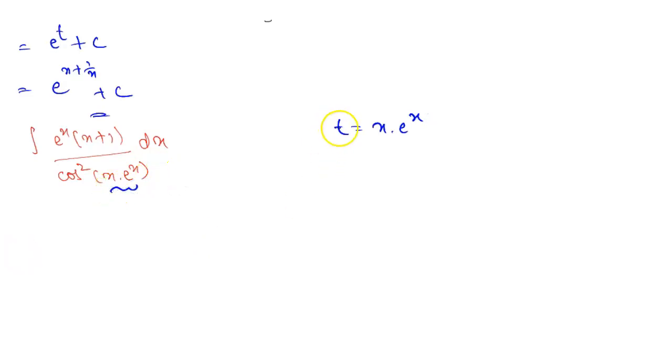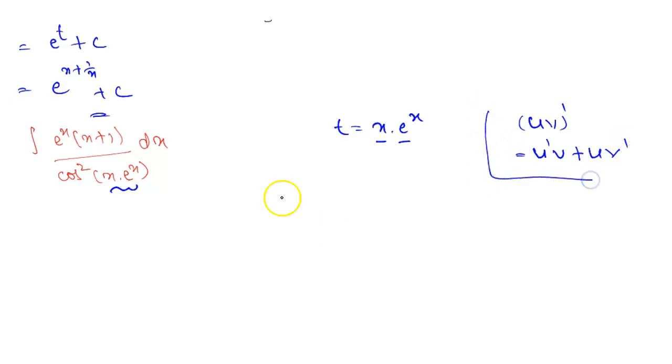Now differentiating with respect to x, this is u, this is v. The formula I am applying for uv whole dash is u dash v plus u v dash. So here dt is equal to x dash into e power x plus x into e power x dash into dx.